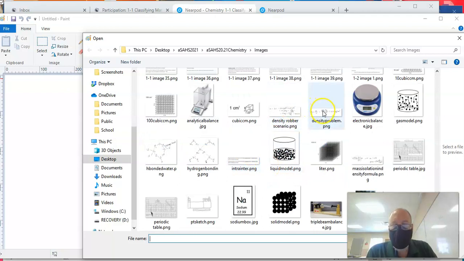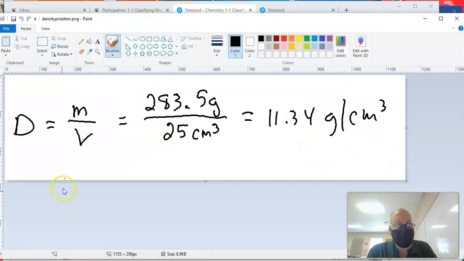For the density problem, we've got our density formula, and understand that for all problems you'll work for me in this class, you'll start by writing out the formula. You can't just write the answer down, even if it's easy to figure out. Then you need to substitute the values into the formula. The mass we were given was 283.5 grams, and the volume was 25 cubic centimeters.